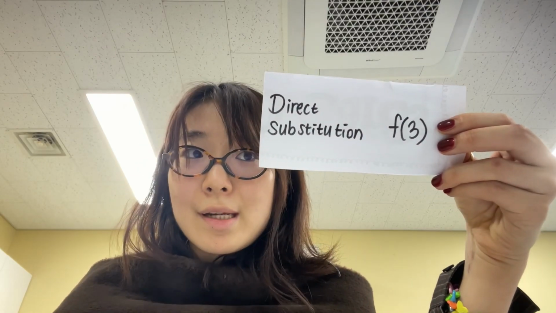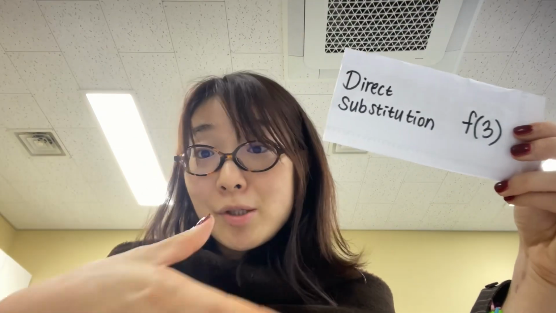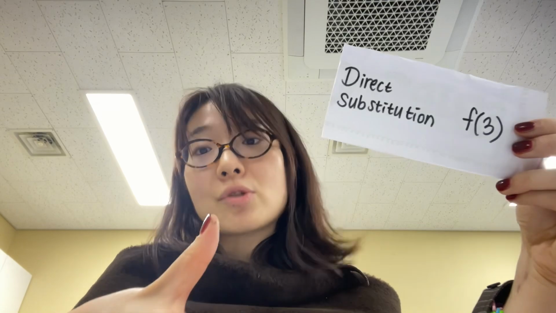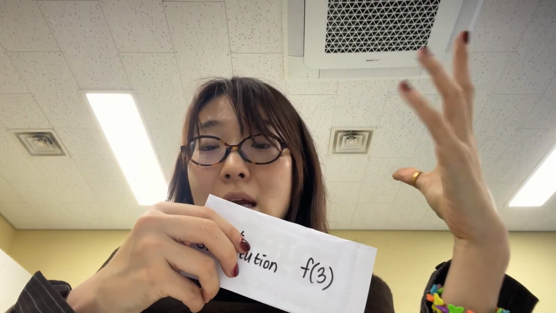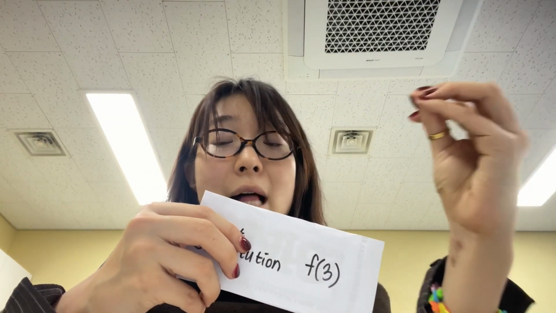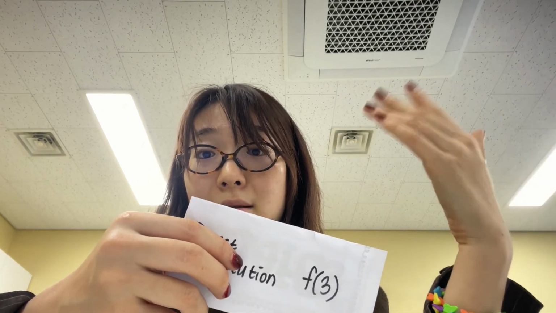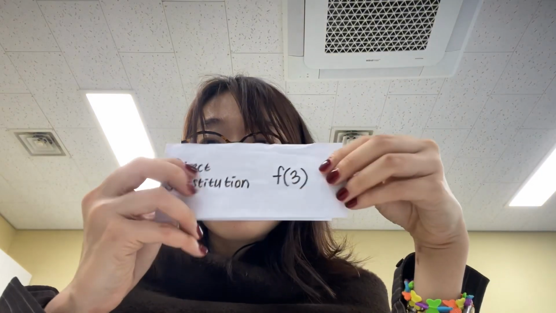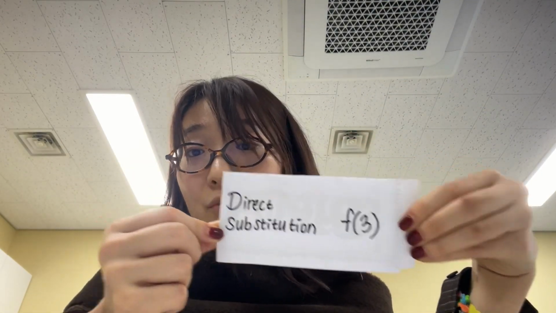Direct substitution is literally what we've been doing when we're talking about substitution in general. When we substitute the value of x with a given number and find the output, the value of y. So that's what direct substitution is.